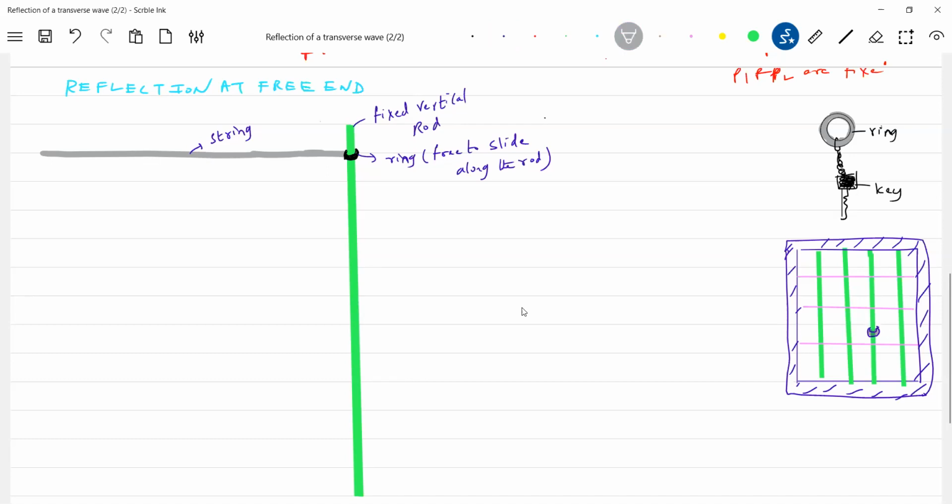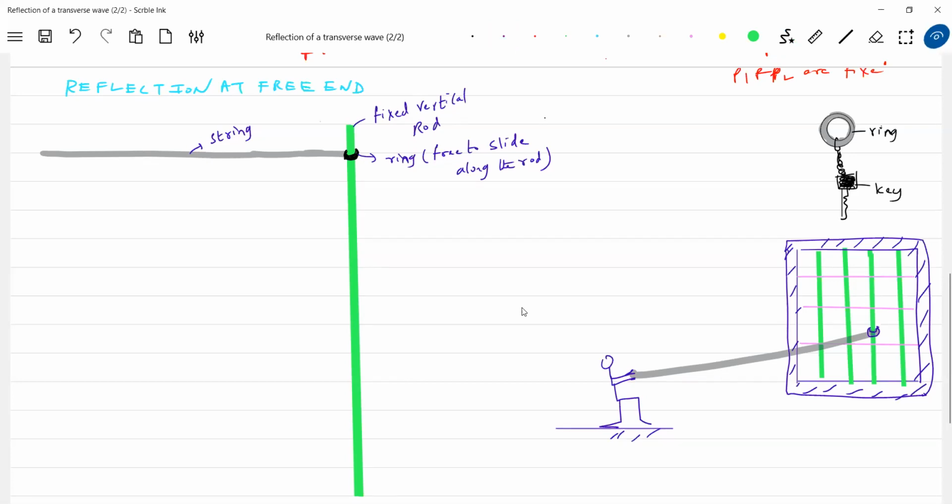Tie that rope to the ring and do like this and hold at this end and you stand here. And you start moving and give a jerk vertically up and down. Then the pulse will be generated.